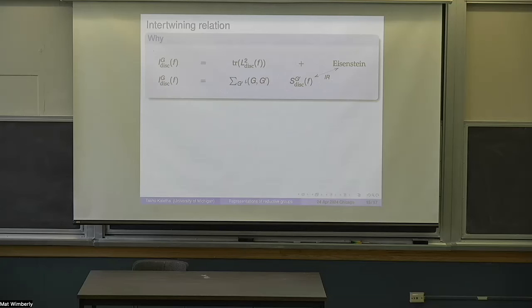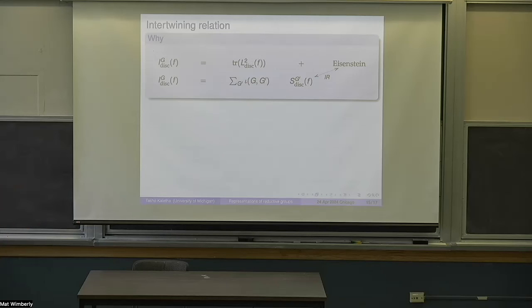And if you're doing induction on dimension, you understand all the smaller groups, that allows you to absorb the Eisenstein contribution and uncover the contribution you're interested in. So the intertwining relation plays a key role in this argument, and without it, the whole argument doesn't work.